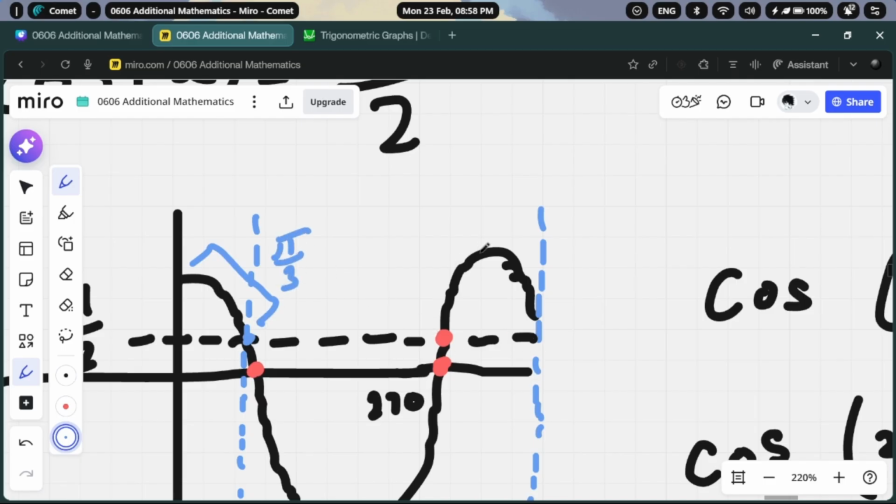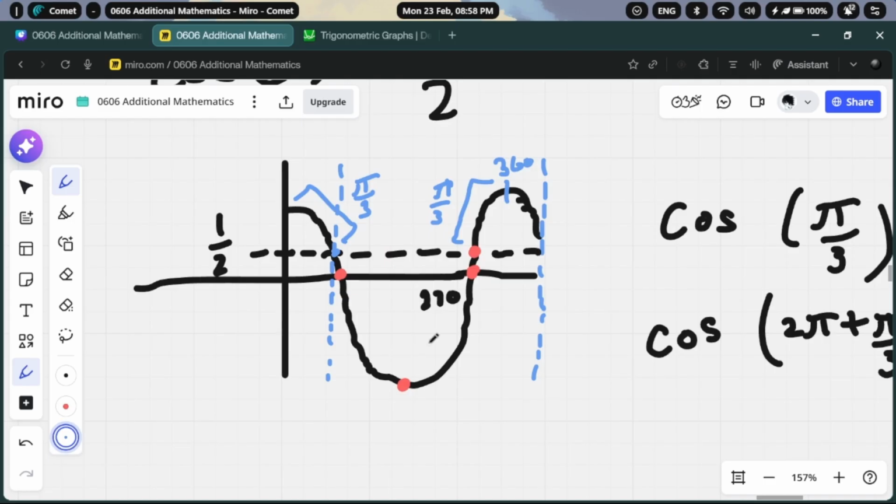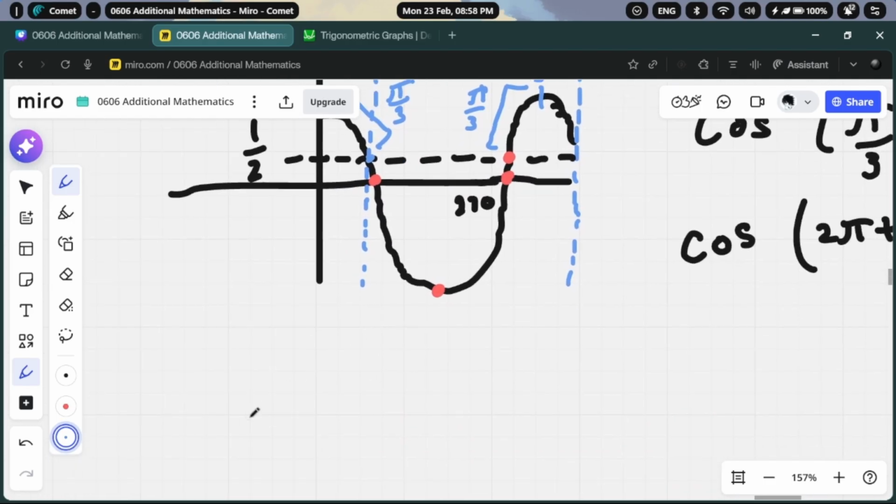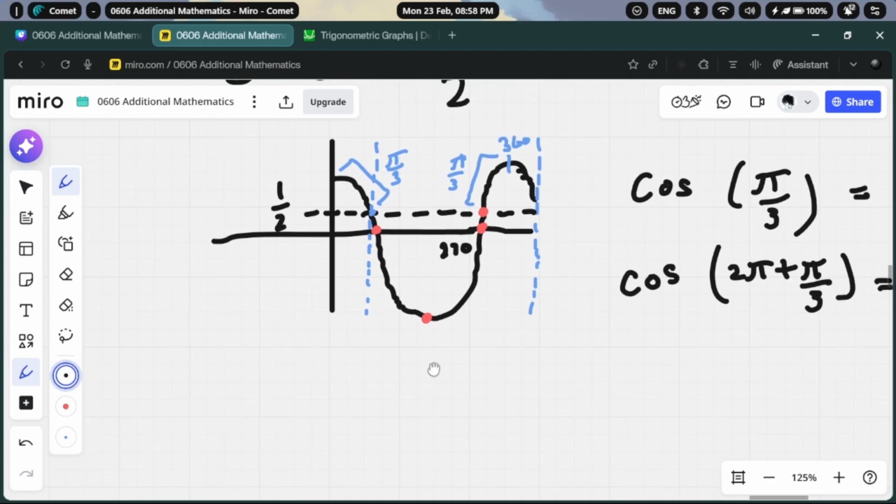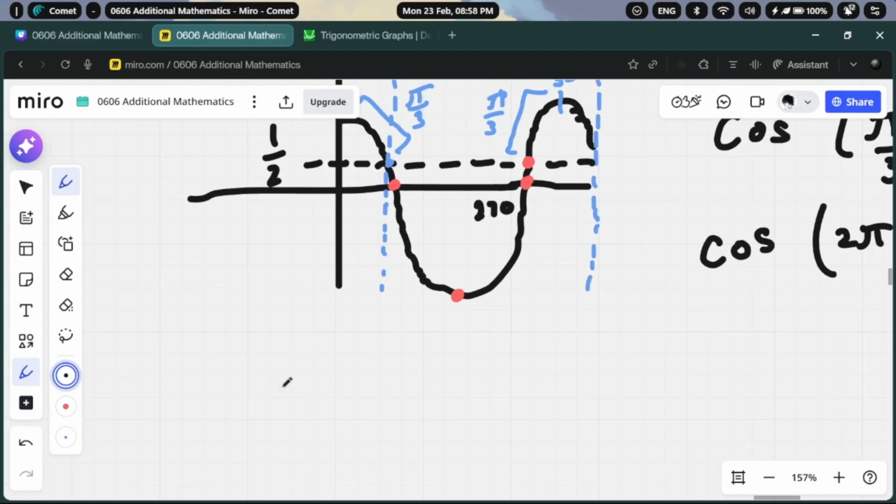Similarly, since this is 360, from 360 to the red dot, that would be pi over 3 as well. So you actually have to do 2 pi minus pi over 3. So what does that give you? 2 pi minus pi over 3 would give you 5 pi over 3.